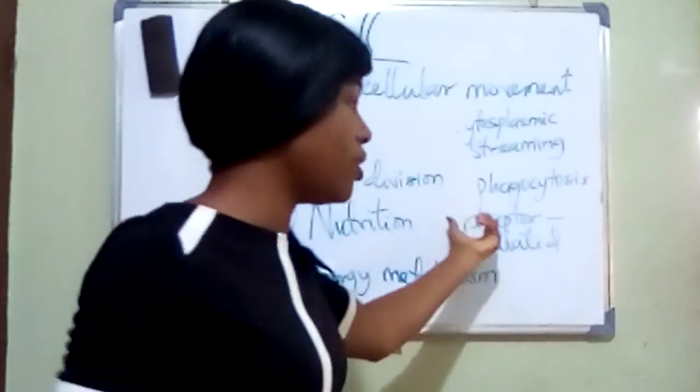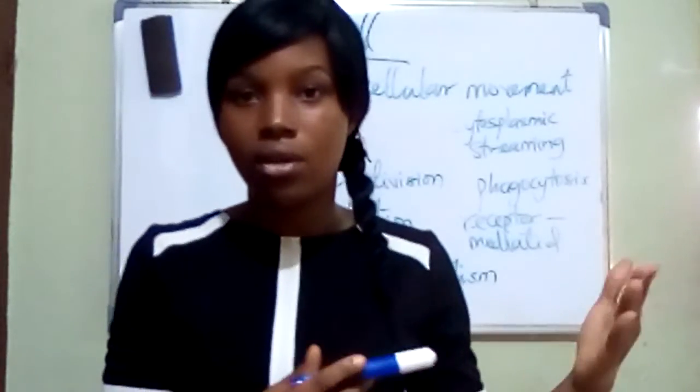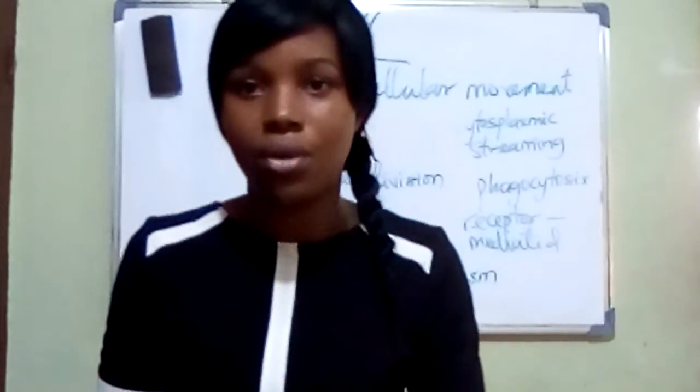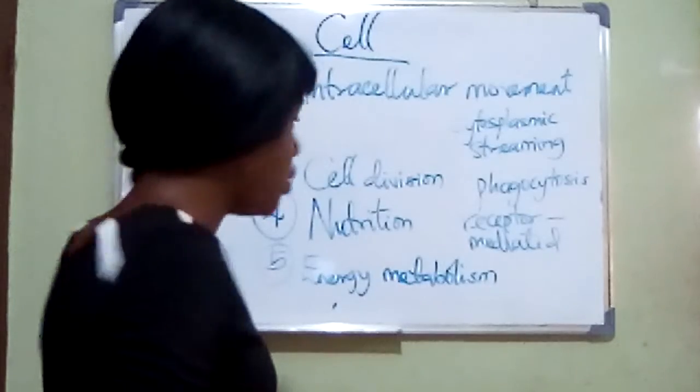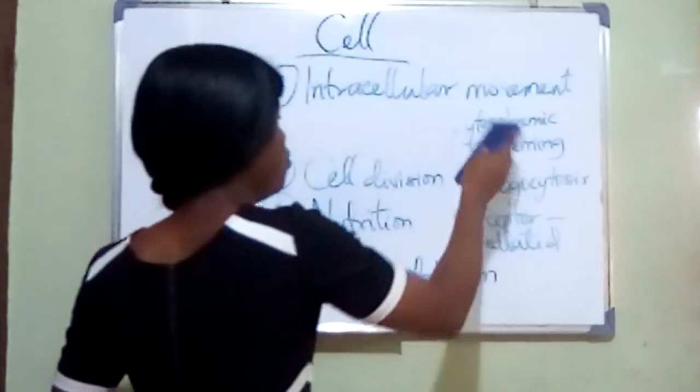Usually these receptors are transmembrane proteins. We'll get to know more about these membrane proteins when we are talking about cell organelles and the cell wall in particular. Okay, sorry, the cell membrane. That's it for intracellular movement.